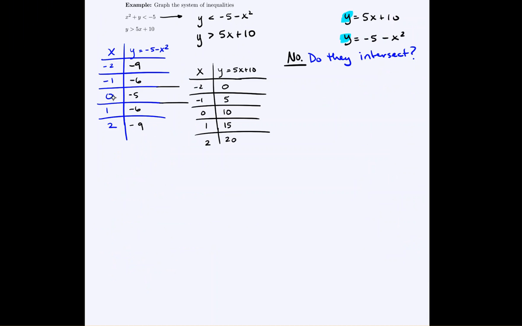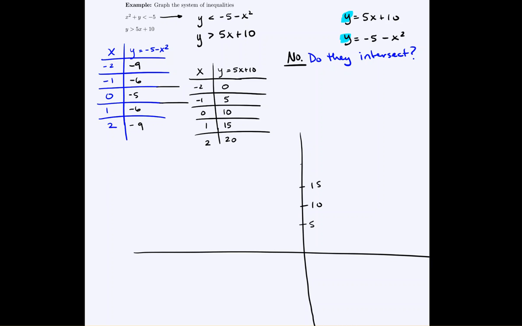Now that we have both equations plotted out, we will begin to graph it on the same axis. Let's graph our line first. Again, since it's strictly greater than, we're going to do a dotted line, but we'll plot a few points first. I'm going to draw this one in black. 5, 10, 15, 20.